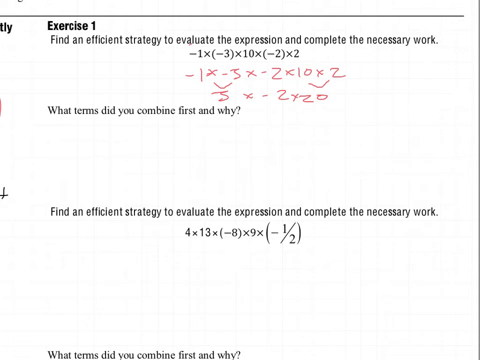And when I saw that, I had one leftover negative number that didn't pair up, which means I know that my answer is going to be negative. From there, I'm going to go ahead and do this one first. That's going to give me negative 6 times 20, which is equal to negative 120.